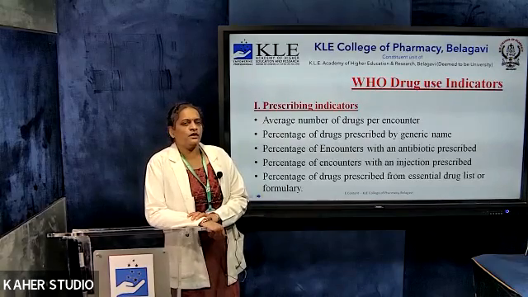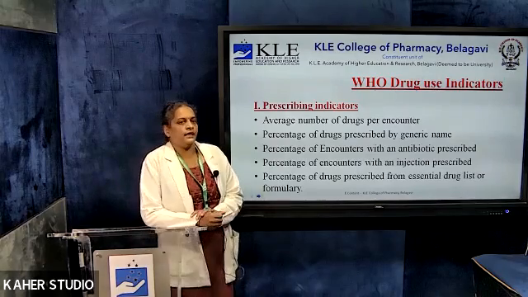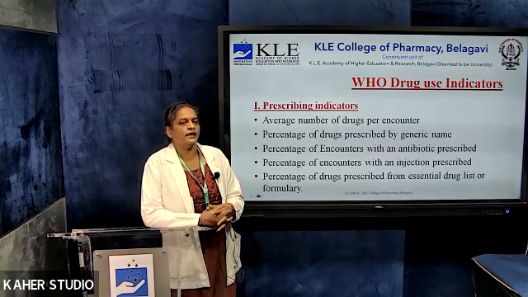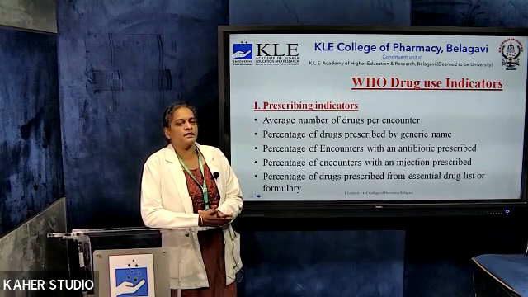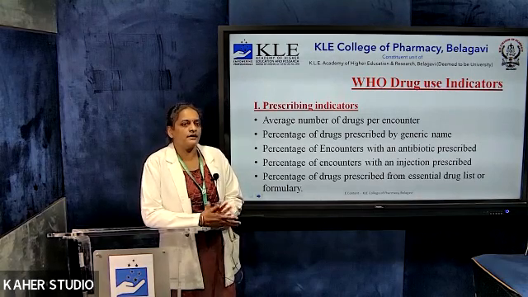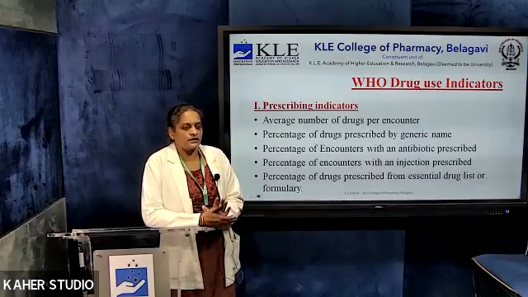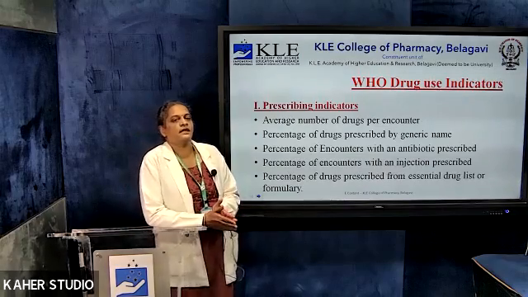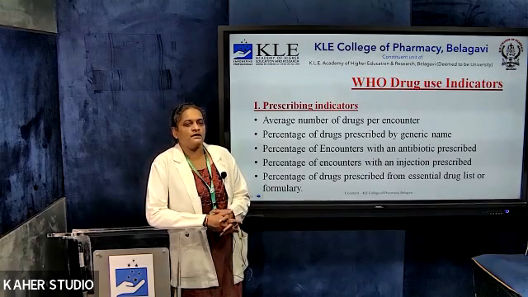According to the WHO, there are some drug use indicators. The first one is the prescribing indicators. Here we can take the average number of drugs per encounter, and the percentage of drugs prescribed by generic name, how much percentage is there especially for the use of generic drugs, and the percentage of antibiotics prescribed, and the percentage of injections, how many percentage is there for the parenteral preparations, injections, as well as topical purposes also can be used.